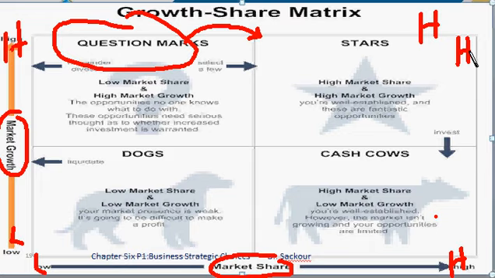Market share is high and market growth is high, and here we have to expand and grow our market and our industry. It's a very interesting and nice area. We choose growth.